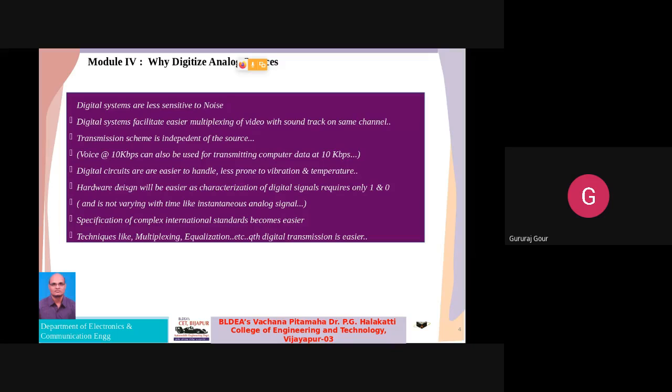For example, suppose I am transmitting the voice signal at 10 kbps, the same can also be used to transmit my computer data at the same data rate, 10 kbps, without overlapping. That's why it is said to be independent of the source of data. The same data rate or channel capacity you can use to transmit different types of information at a time without overlapping.